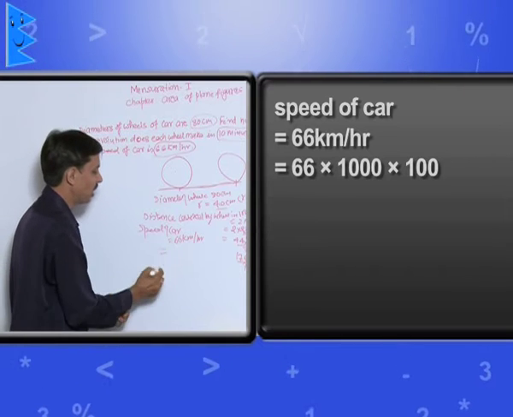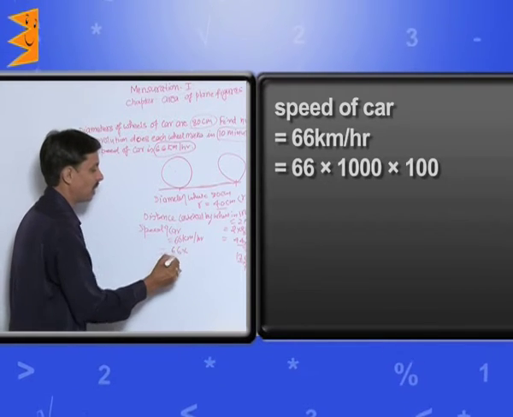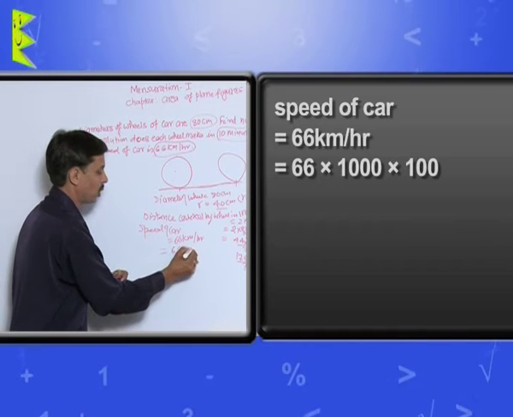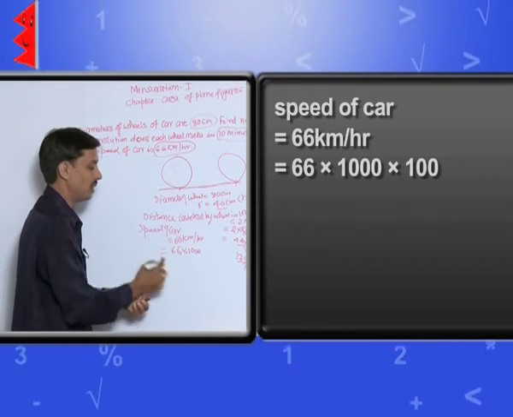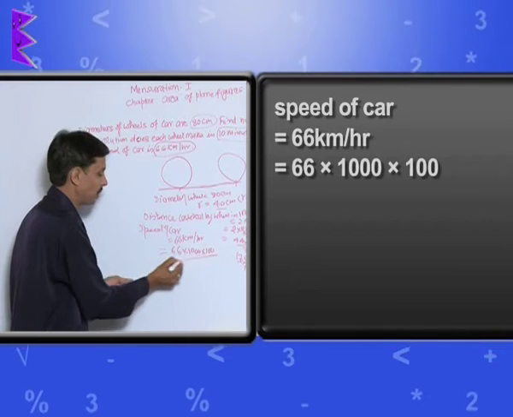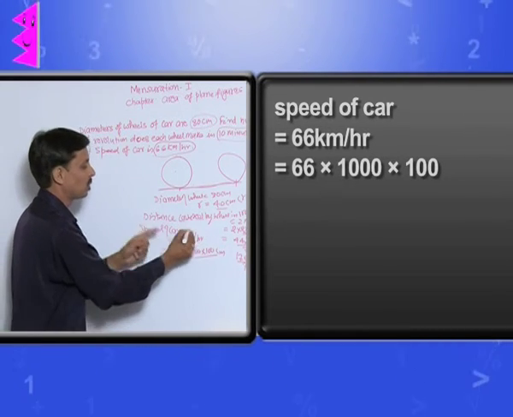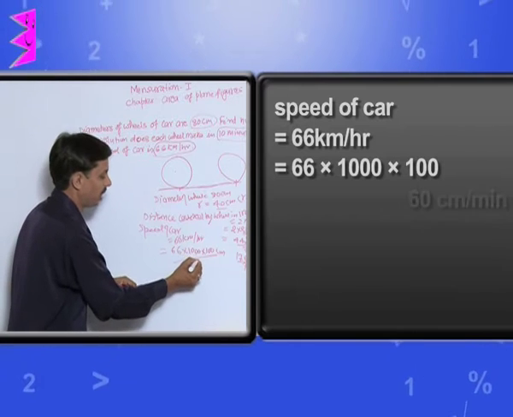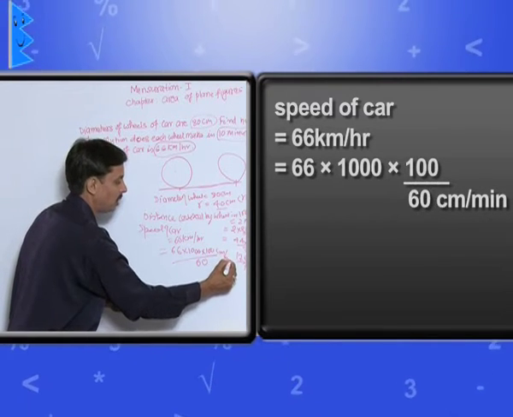So directly I am converting it like 66 into 1000, so kilometers have been converted to meters. Now again multiply by 100, so this becomes centimeter. The speed is per hour, so if I divide by 60, this becomes centimeter per minute.